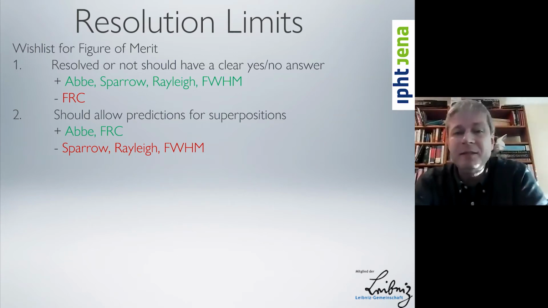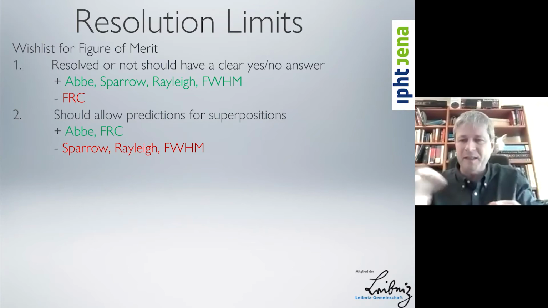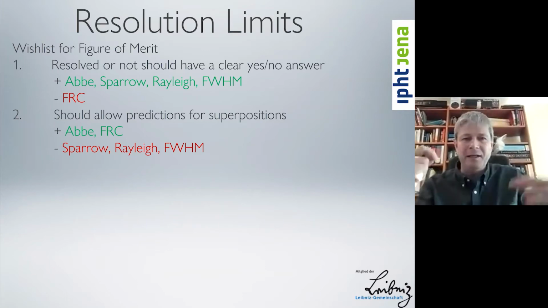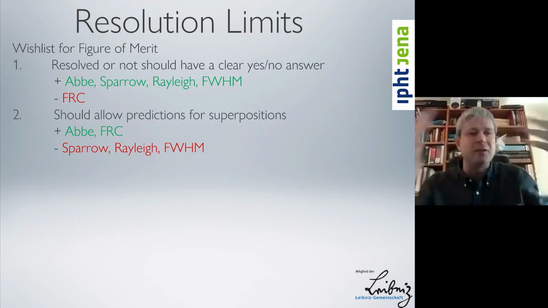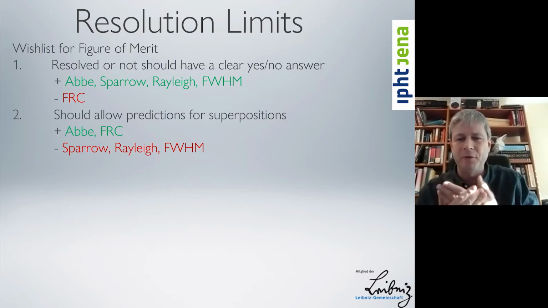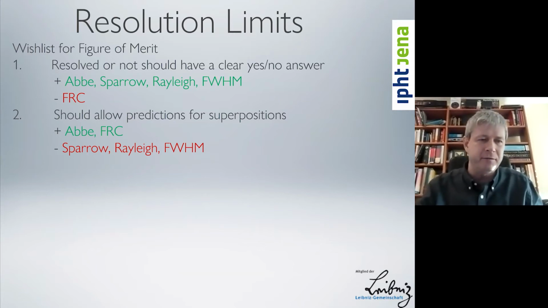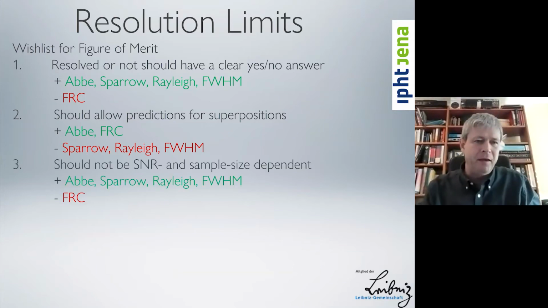It really depends a lot on the object and how you would define the full width half max of a line. Okay, that might make sense, but then how is it related to the one of points? It isn't really that directly. It depends on the shape of the point spread function again. So you cannot derive a clear-cut prediction only from this information. And that's different for Abbe and in a way also for the Fourier ring correlation.